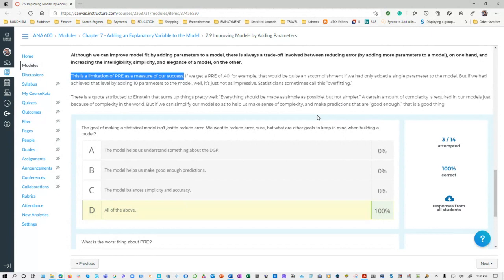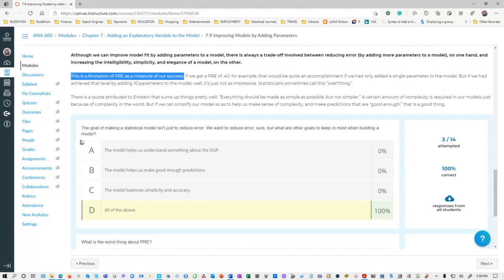So there's a trade-off: not making the model complex by simply dividing or factoring the data into as many groups as you want. No, you cannot do that.